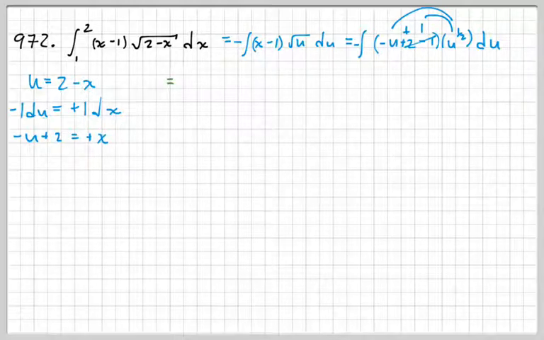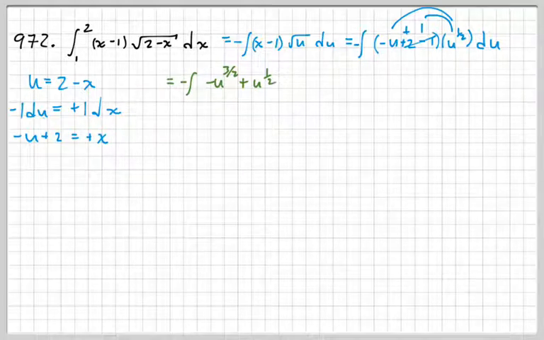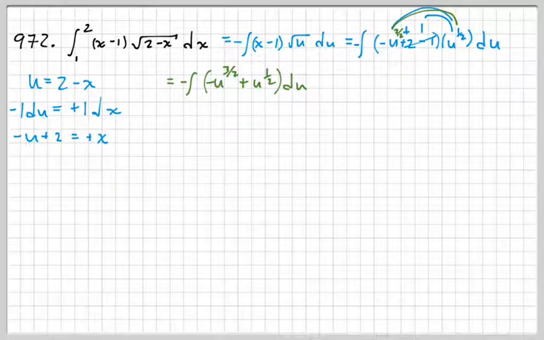And so I have negative integral, and then I have negative u raised to 3 over 2 plus u raised to the 1/2. All right, I did that kind of quickly. I hope I didn't lose anybody. But this u right here has an exponent of 2 over 2, and so when I multiply him by that guy, they have the same denominator, and I can just add them together.